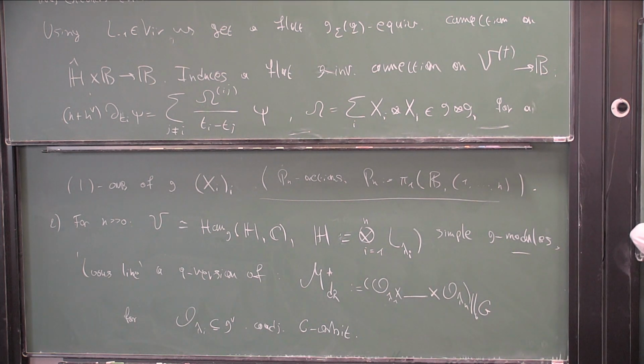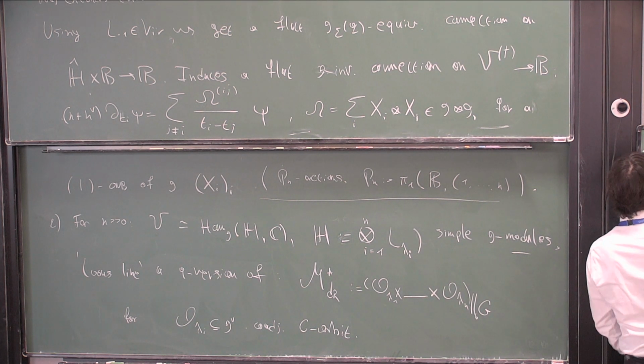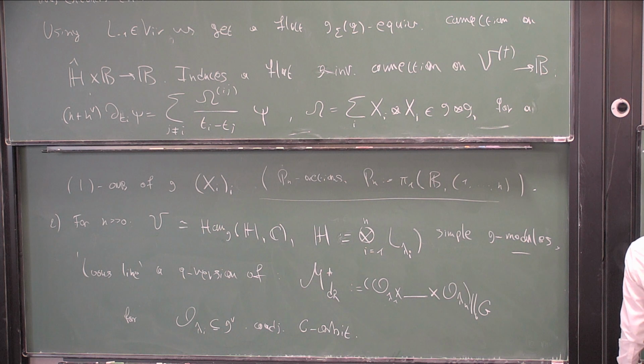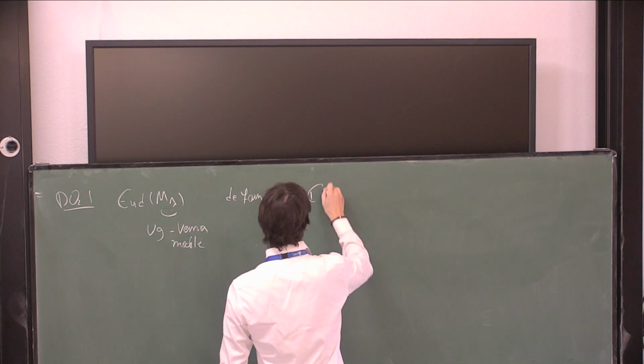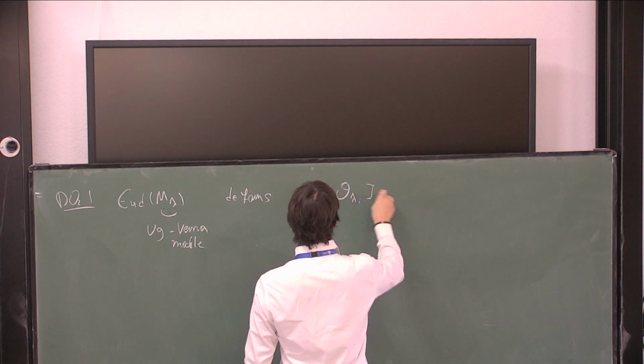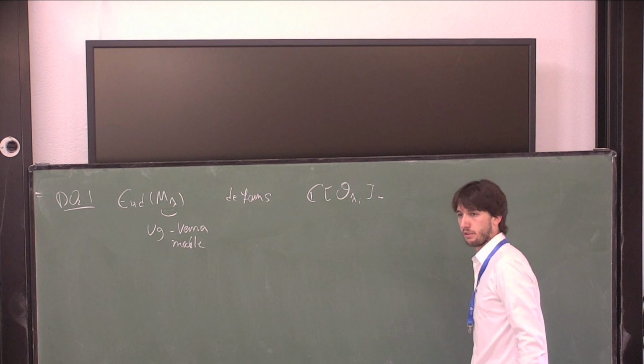There is work, so well, let me just say deformation quantization. So there is something like, roughly speaking, End of the finite Verma module for the Lie algebra, the U(g) Verma module, deforms the ring of functions on those O_lambda_i, which are Poisson, okay?